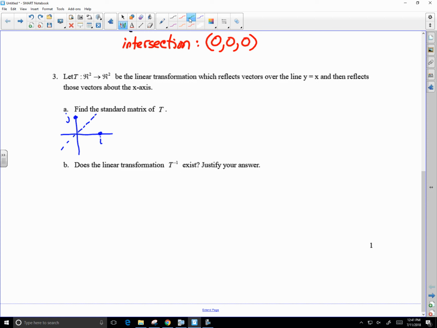Anyway, if I'm reflecting over the line y equals x, x and y get swapped with one another. So i goes to j, and j goes to i.